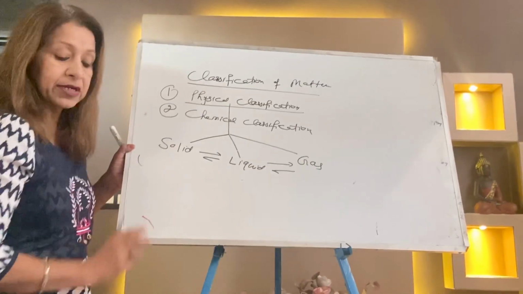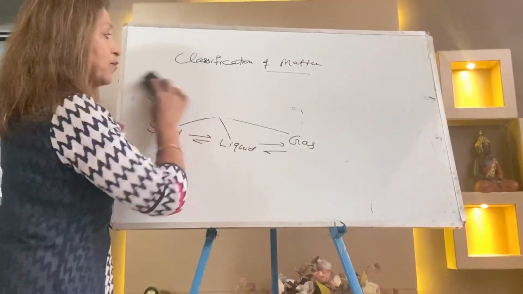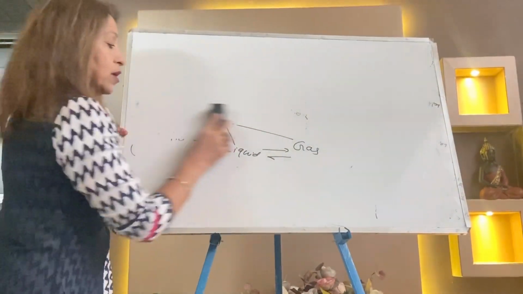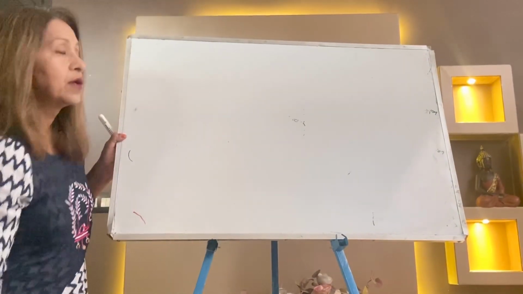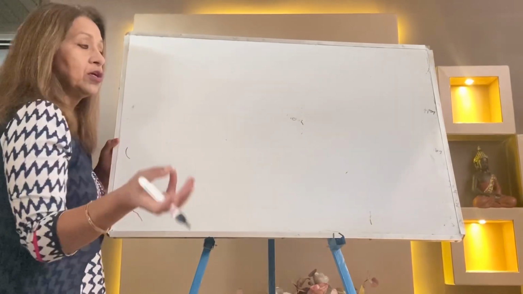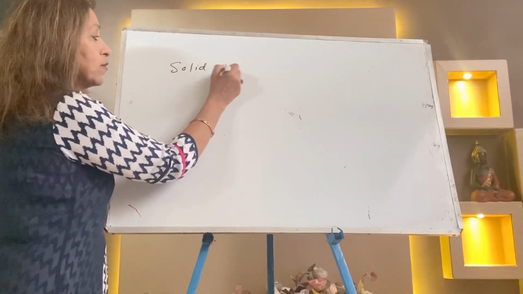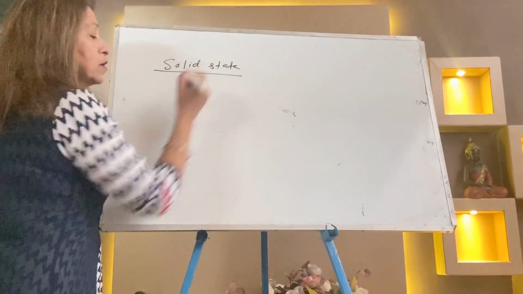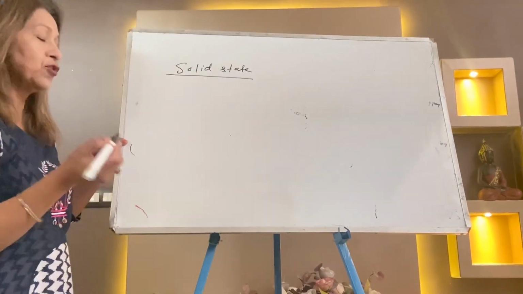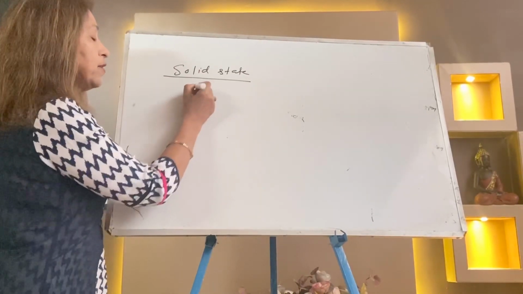So one by one I am taking. Write down. The first classification is solid state. You have seen around you there are so many things. Your copy, your sofa, your chair, your pen, they are solid. So what is a solid?